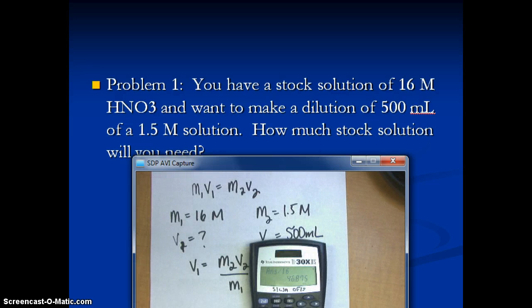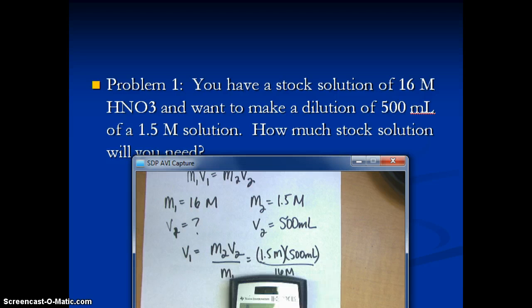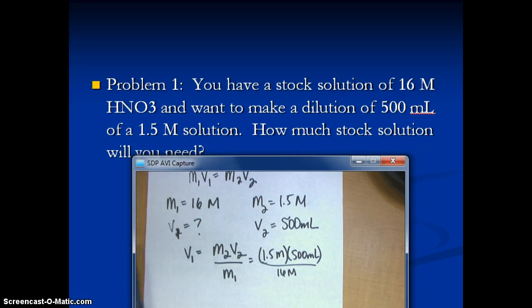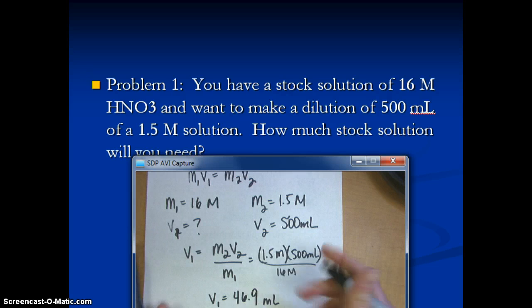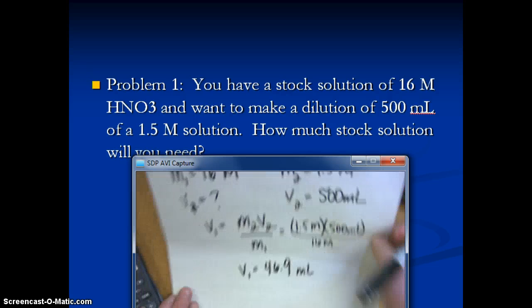So I'm just going to plug that in. And it's 1.5 times 500 divided by 16. So V1 equals 46.9 milliliters.